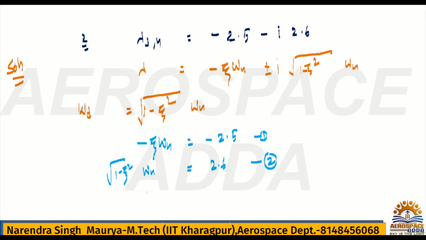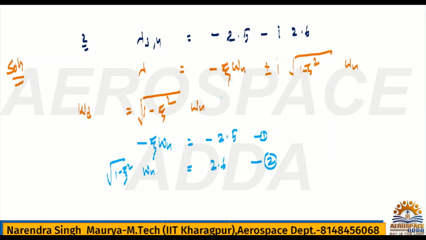So now you can calculate the value of omega n and xi separately, and then you can find out this value. Second thing, you can calculate root of 1 minus xi square times omega n separately and write the omega d formula.